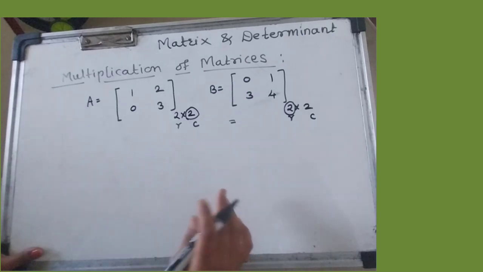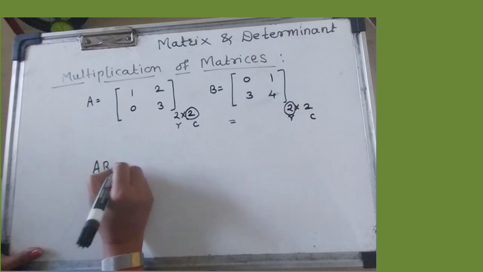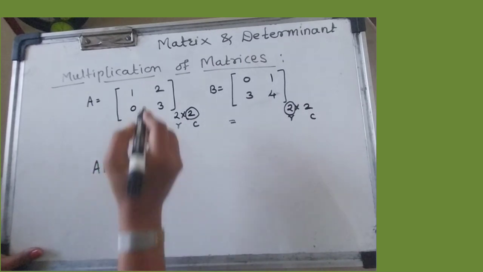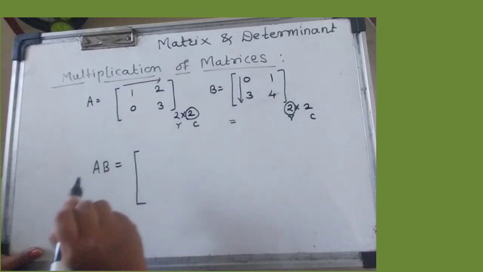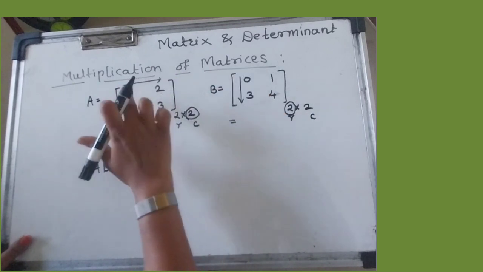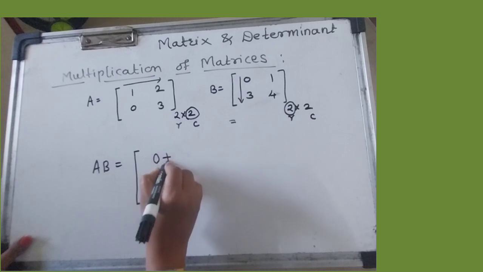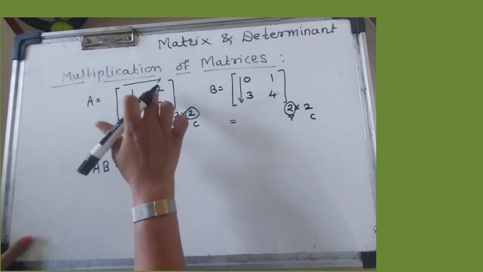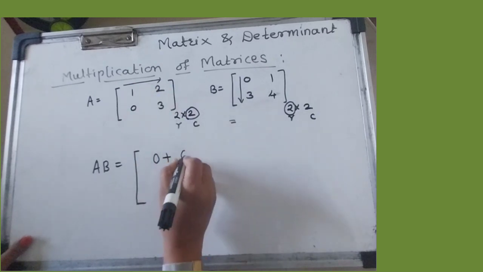How to take the product? See carefully. AB. This is my row. This is my column. Take a product of first element to first element. 1 into 0. It is 0. Write down plus. Then 2 into 3. 2 into 3 is 6.